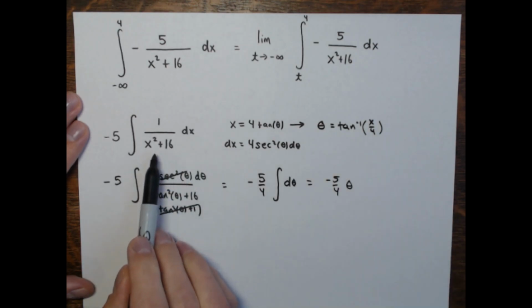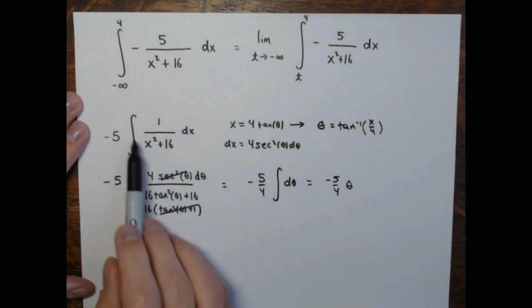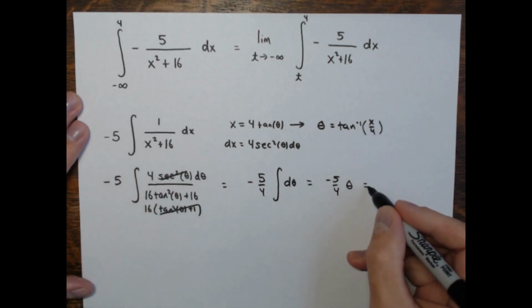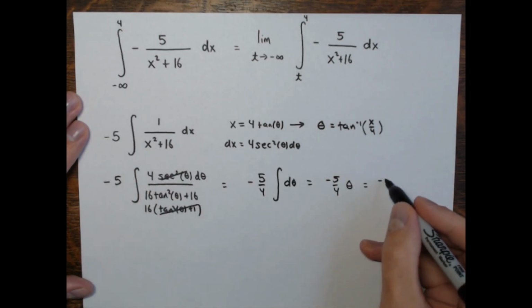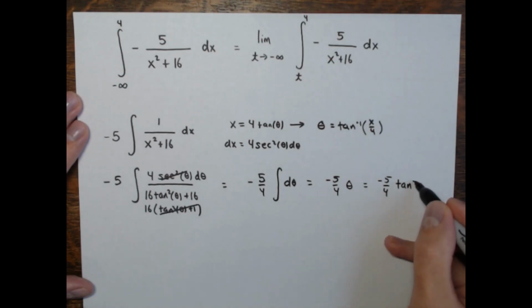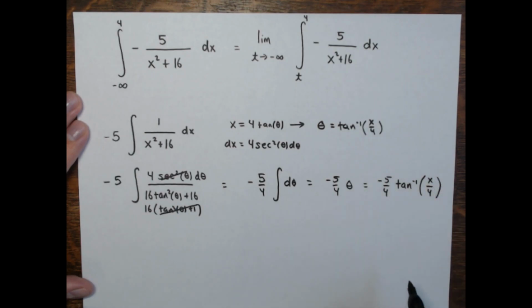So like I said earlier, if you recognize that right away, that it's a quarter of the inverse tangent of a quarter x, you could just jump to that. All right, so we have -5 quarters times the arctangent or inverse tangent of x over 4.